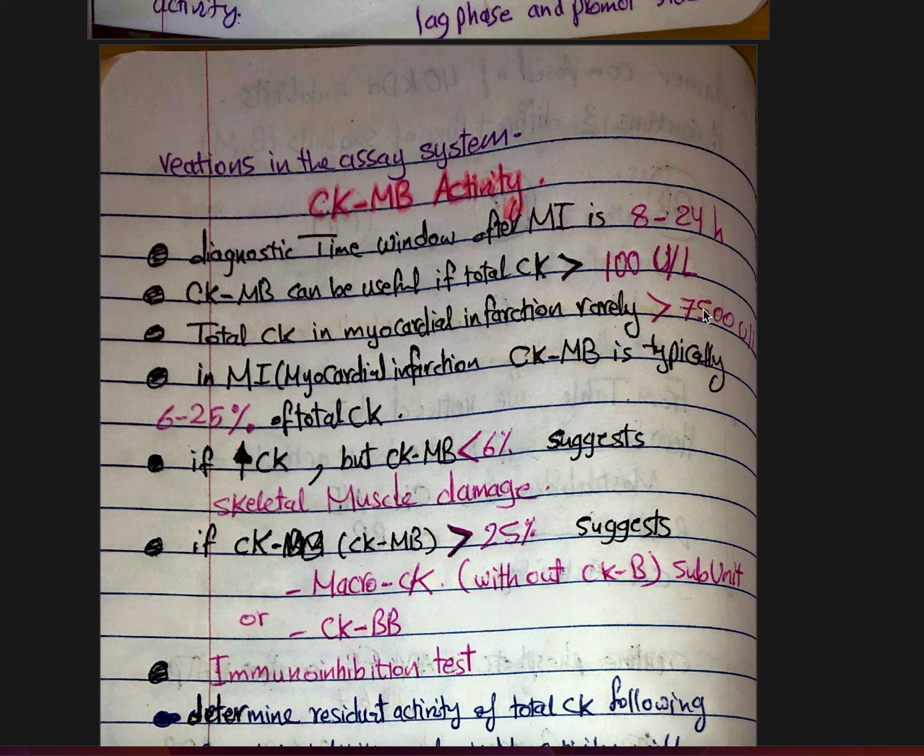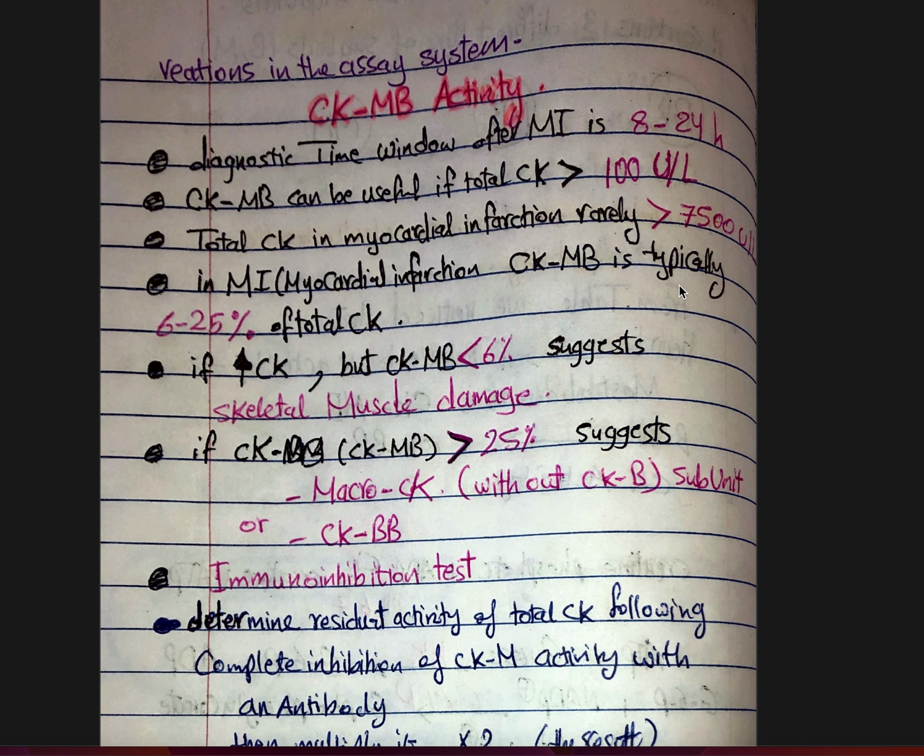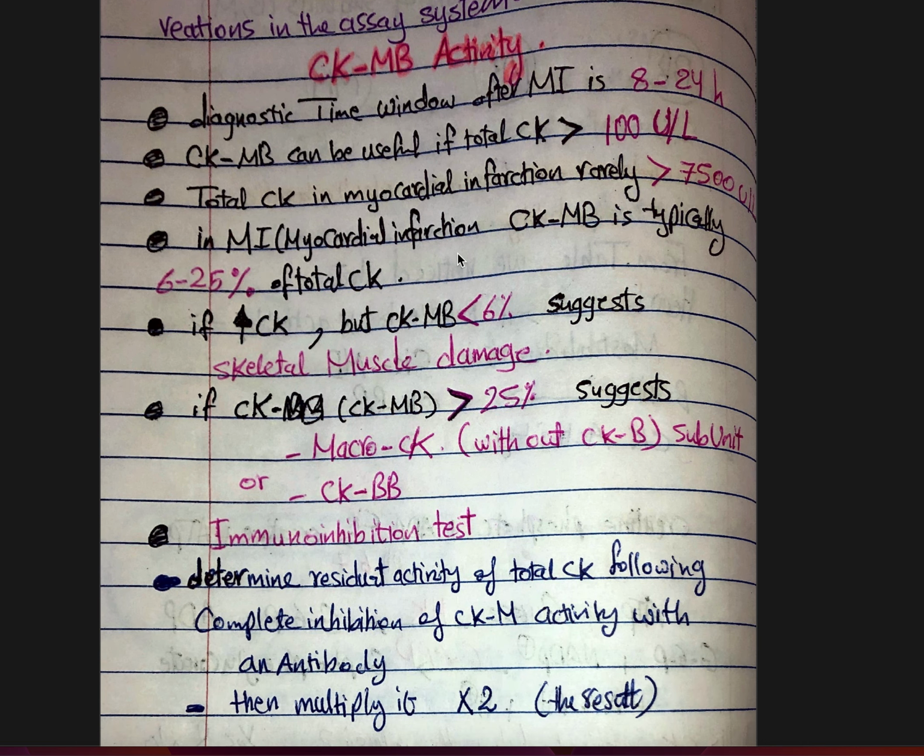If the total CK is more than 100 international units, that means the CK-MB is now useful to be used. Total CK in myocardial infarction is rarely more than 7,500 international units. In myocardial infarction, CK-MB is typically about 6 to 25% of the total CK.